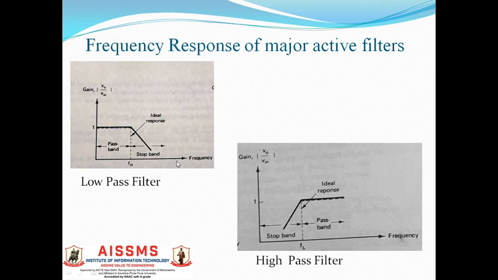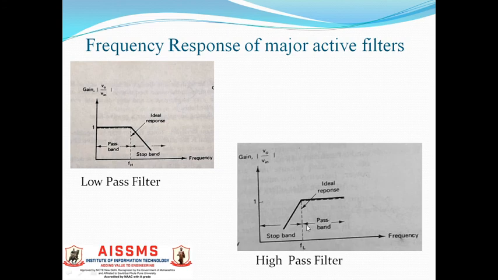Then similarly you have the frequency response of a high pass filter. If you see over here, from 0 to FL, the lower cutoff frequency, it is the stop band.